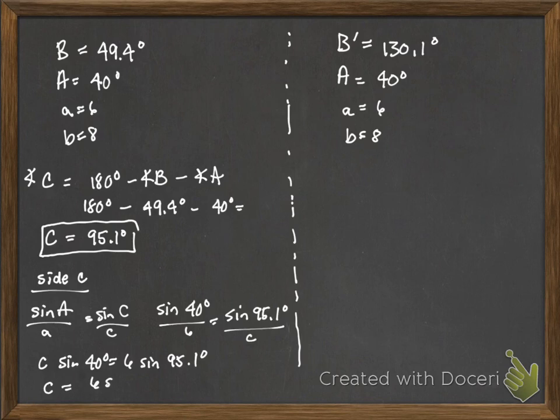C equals 6 times sine of 95.1 degrees divided by sine of 40 degrees. Put that in your calculator and you'll find that side C is equal to 10.42.